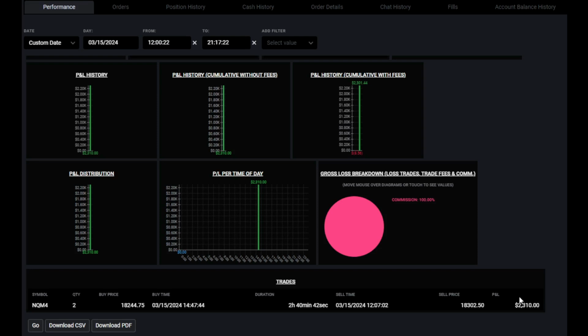I'm just showing it to you now. This is $2,310, and I captured it. It was open for two hours, and it started exactly at 12 o'clock. I closed at 2:47, and the profit was very big, as you can see. A very, very nice trade.